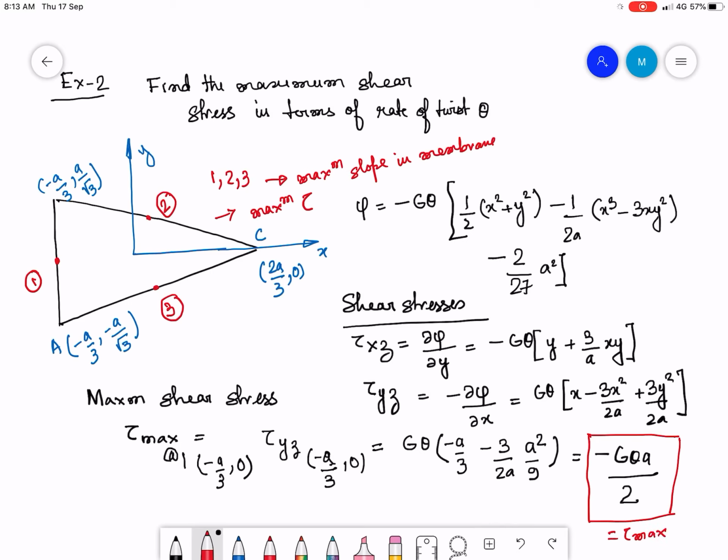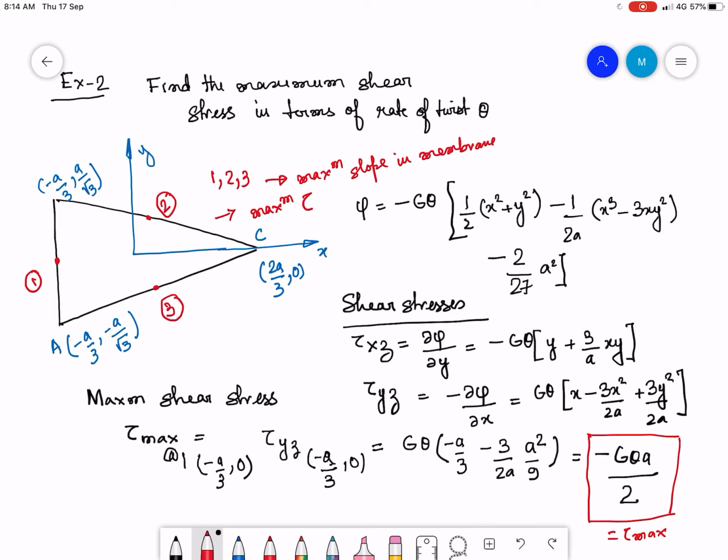You will see that we are going to get the same value at the other two points, point 2 and point 3.